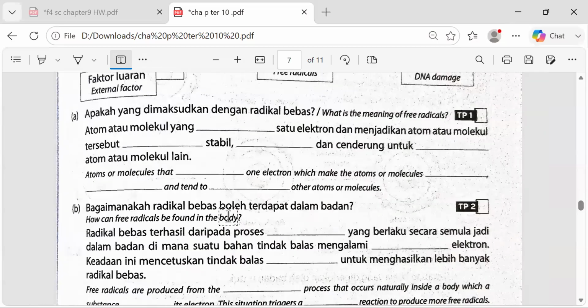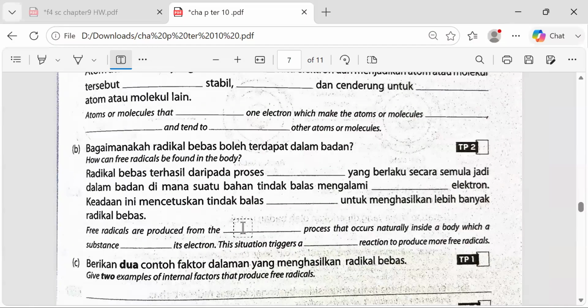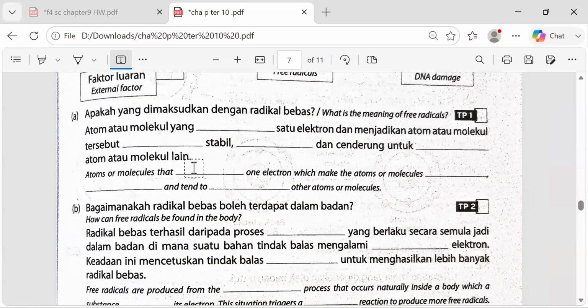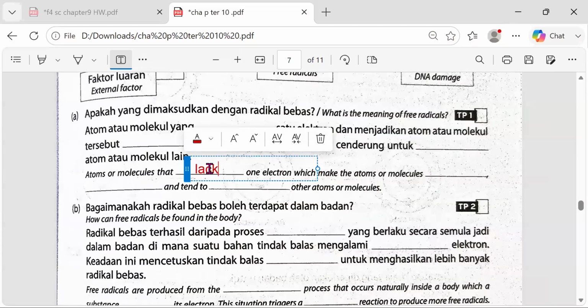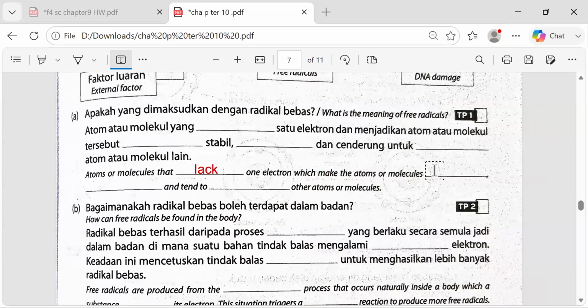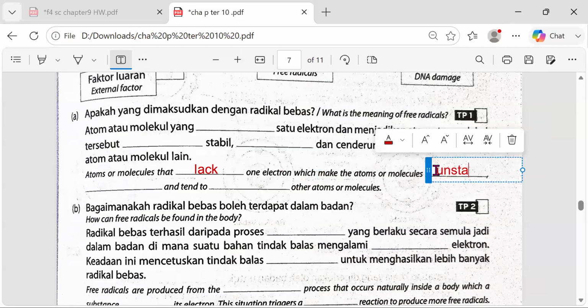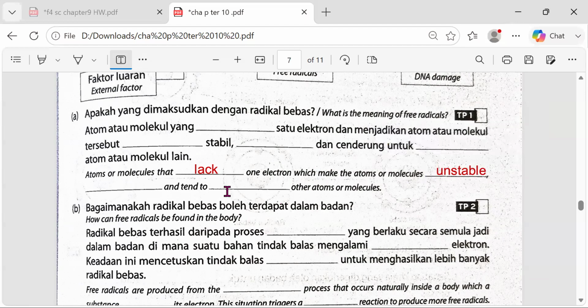What is a free radical? Free radicals are atoms or molecules that lack one electron, which makes them unstable. They tend to combine, react or attack.